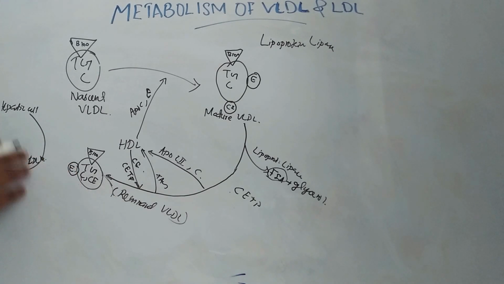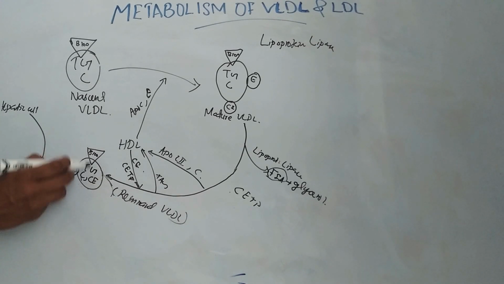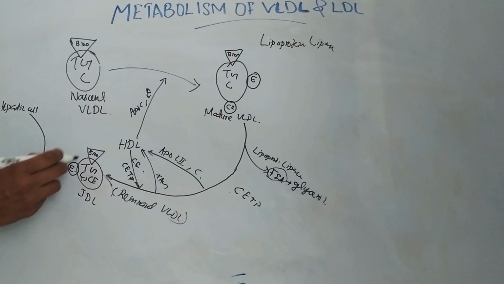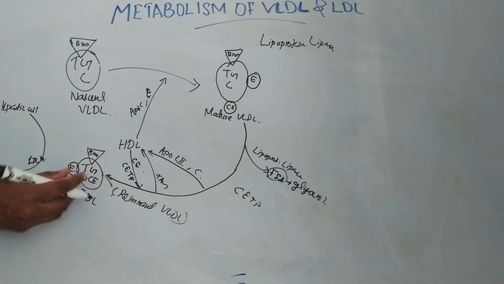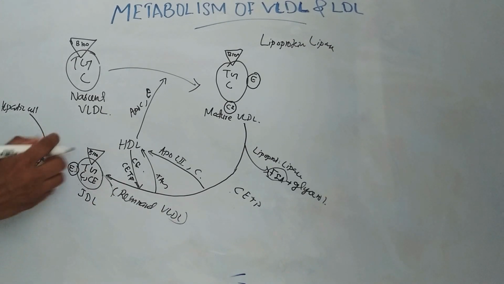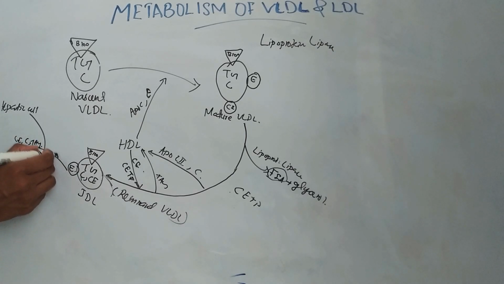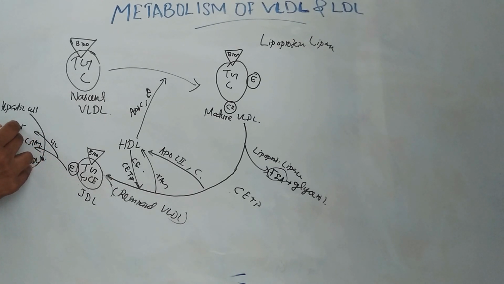The receptors recognize ApoE and ApoB100 on the IDL, and it is taken inside by receptor mediated endocytosis. Then by hepatic lipase enzyme, it is converted to free fatty acid and cholesterol.